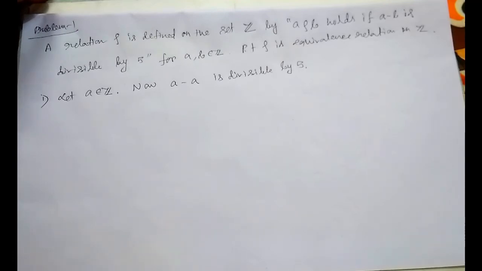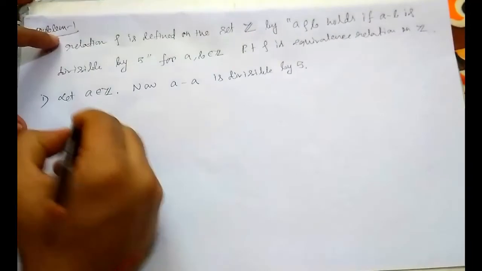So a minus a is divisible by 5, and our relation is: if a minus b is divisible by 5, then a rho b holds. So a minus a is divisible by 5, then by the given relation a rho a holds.